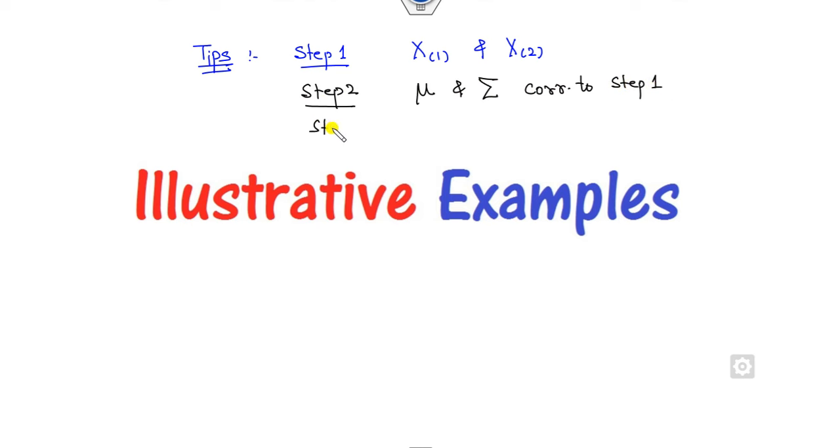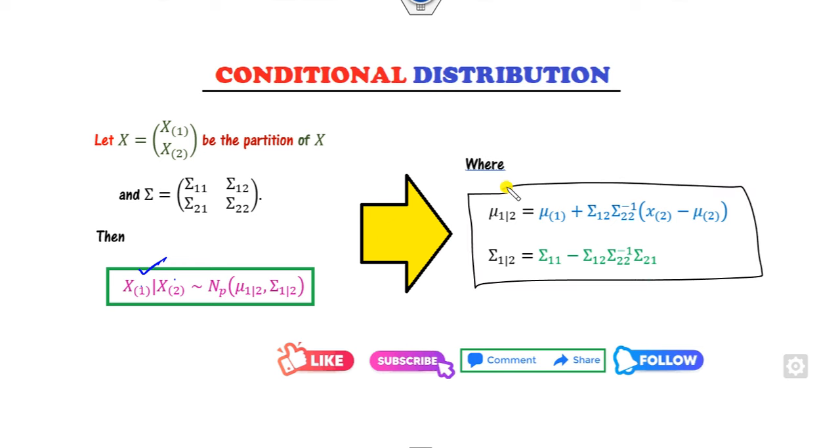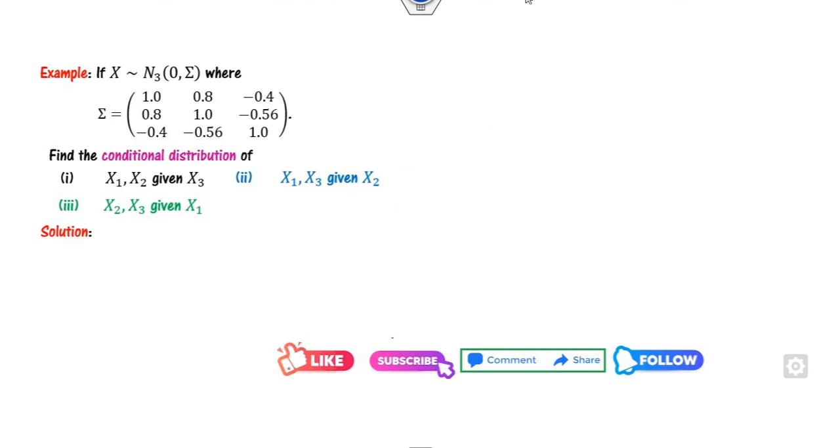And the last step is to apply the formula for mu 1 condition 2 and sigma 1 condition 2. Remember, you have to remember only this formula. If somebody asks you to find x1 condition x3, you can still use this formula. If somebody asks you to find x2 condition x4, you can still use this formula. How? We will see in this example.